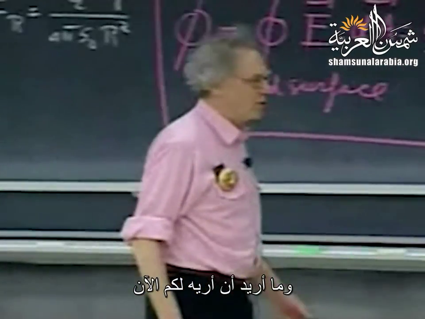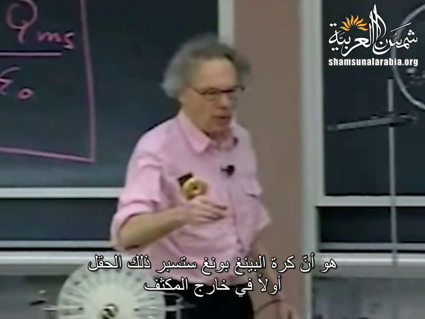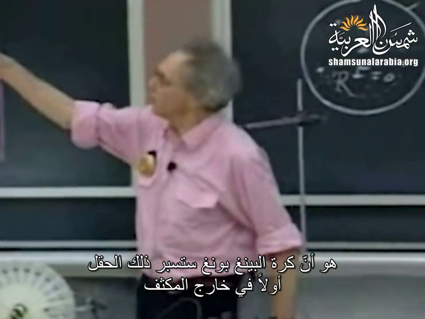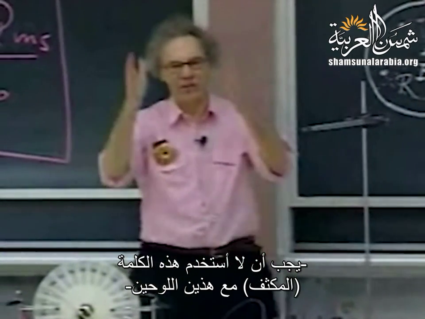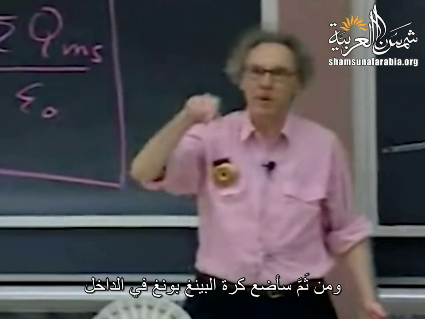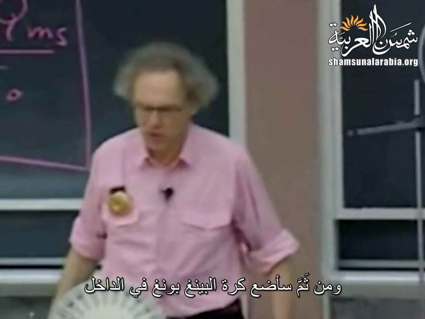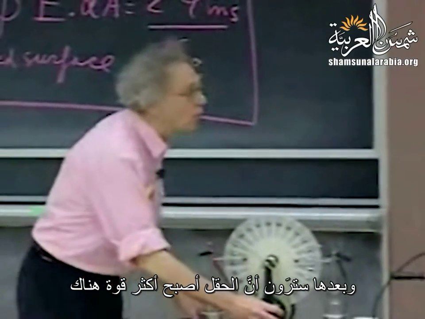And that is what I want to show you now, that this ping pong ball will start to probe that field first outside the plates, and then I will bring the ping pong ball inside, and then you will see that the field is much stronger there.